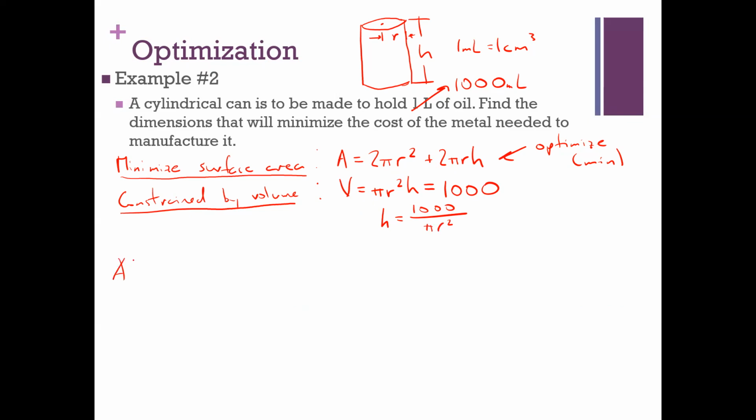So that means now I can write my area in terms of radius as 2 pi r squared plus 2 pi r times 1,000 over pi r squared. This simplifies a little bit: 2 pi r squared plus 2000 over r.